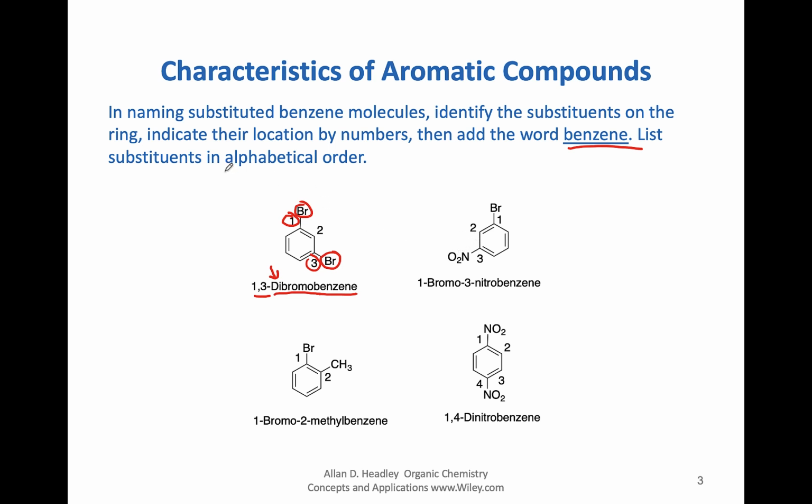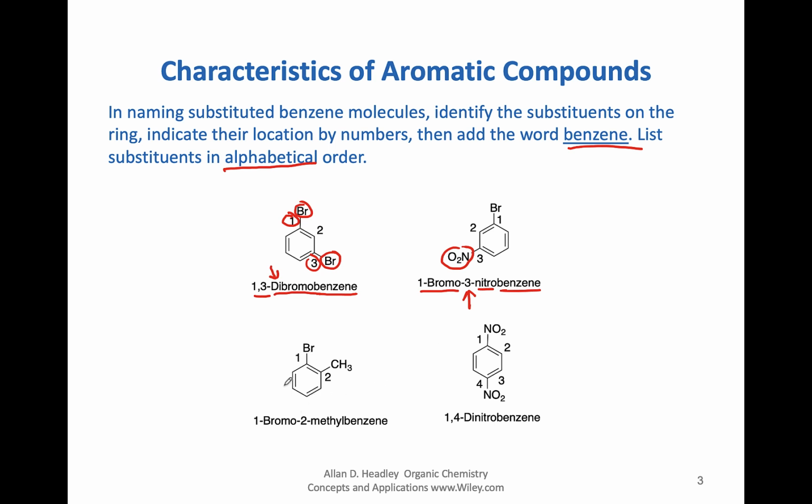We go first in terms of the alphabet. So bromine goes first, followed by nitro. So this is a 1-bromo and a 3-nitro, because the nitro group is in position number 3. Notice it's not 5. You go the shortest route in the direction of the substituent, and of course nitrobenzene.